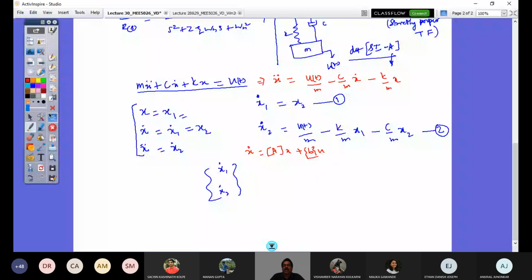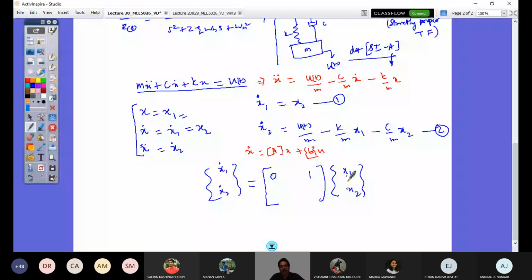Now we can see x1 dot, x2 dot is equal to, what is my A matrix, for having x1, x2 as my state variables? The first equation is x2, so x1 is not there. That means I should have a 0 element and a 1 element. So x1 dot is equal to x2, I get my equation, and I should not have any other term. Plus my B vector, I should have 0 here, and this is u of t.